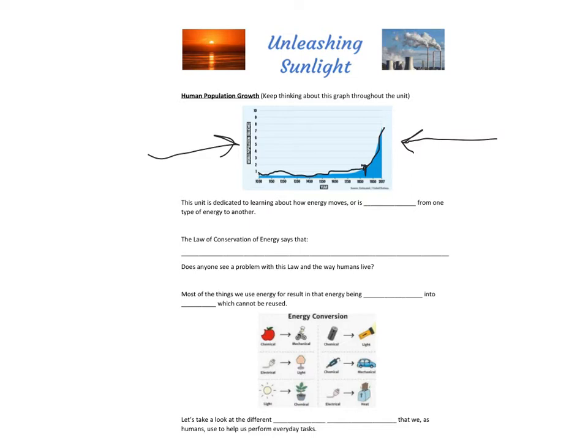So in order to point out the significance of that, let's start talking about energy. This unit in particular is dedicated to learning about how energy moves or is transferred from one type of energy to another. And we have the law of conservation of energy, which says that energy cannot be created or destroyed.